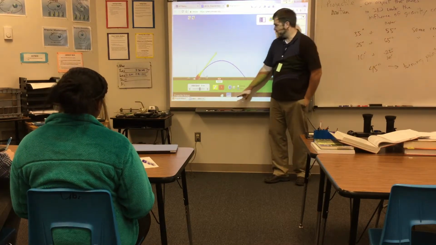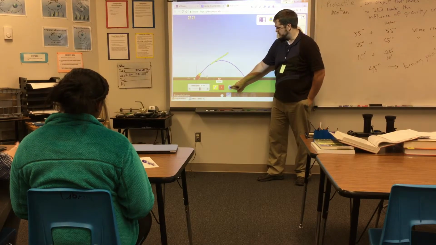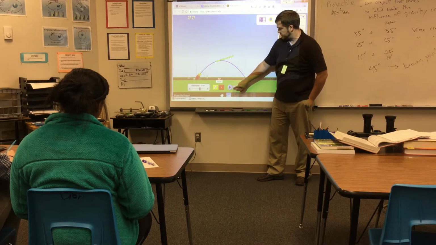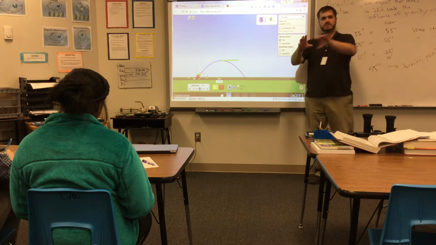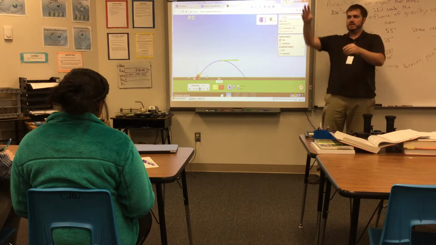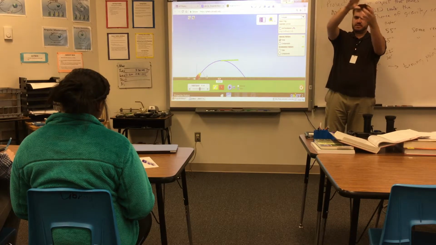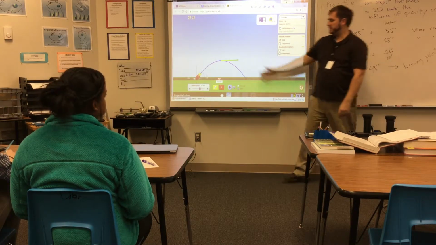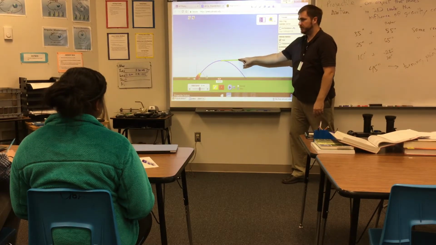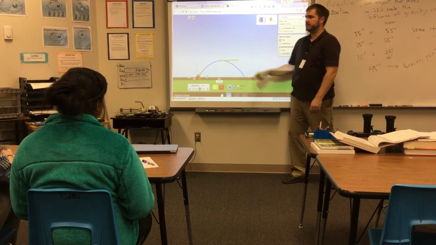There's absolutely no vertical velocity. Right there, it's all horizontal. Okay, but then after that, as it starts to accelerate downward, then you have a downward, horizontal and downward.